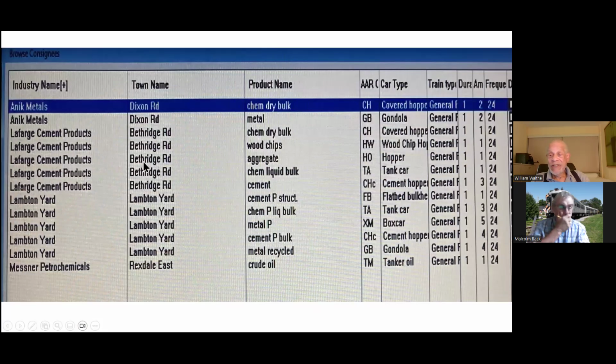If we look at consignees, for example, the cement plant is getting aggregate. Aggregate has to be shipped from the virtual industry, which is in the Lambden yard. And notice the Lambden yard is receiving the cement structures that are produced by the plant.